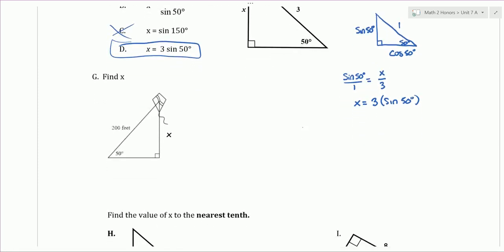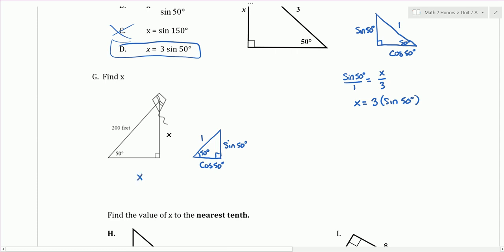Part G, we want to find x. Again, I'm going to set up a similar triangle here. One that has a 90-degree angle and a 50-degree angle, but with a hypotenuse of 1. So this would be the sine of 50 degrees, and this would be the cosine of 50 degrees. And I want to solve for x.